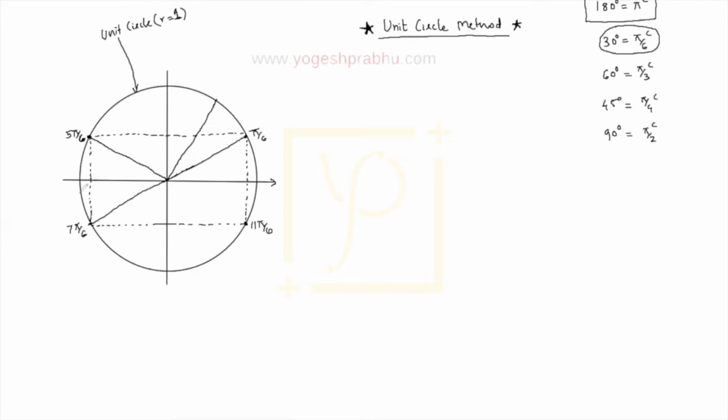Now you can remember this entire thing as a series of pi by 6. So let me just draw this line also. That's this angle here. And I hope you also understand that 11 pi by 6 is the angle from here to here, all this angle, from 0 to this point. Fair enough. So once you understand this, now you can find all the angles using the same technique.